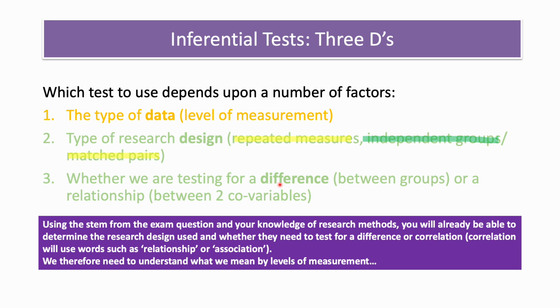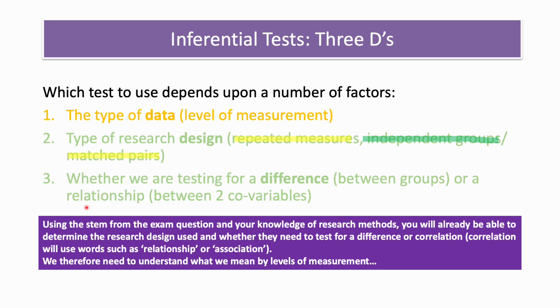Also, things to look for in the stem from the exam question, as it says here in the purple box, is it a test of difference? Is it an experiment that's used a repeated measures or an independent groups and has given the 2 different tasks of the independent variable or multiple tasks of the independent variable? Or is it just looking for a relationship? Is it a correlation?